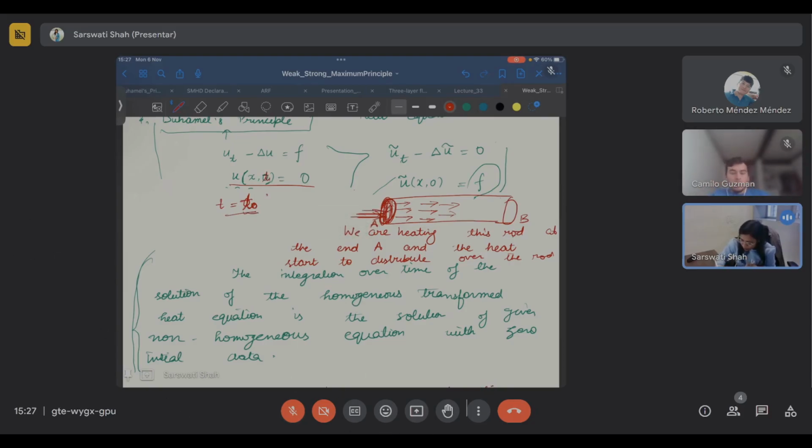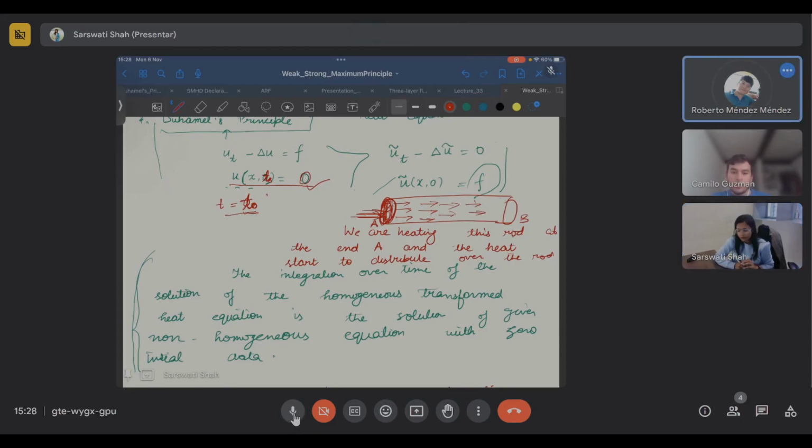So at that moment you take the condition u(x, t naught) equals 0, because at time t naught the heat is 0, as we haven't given any temperature to this rod. So this is just for the sake of convenience. You can take t naught, it doesn't matter at all. Is it clear?